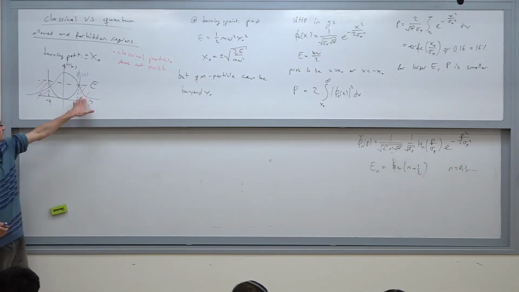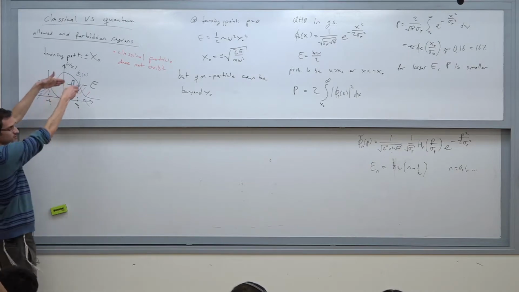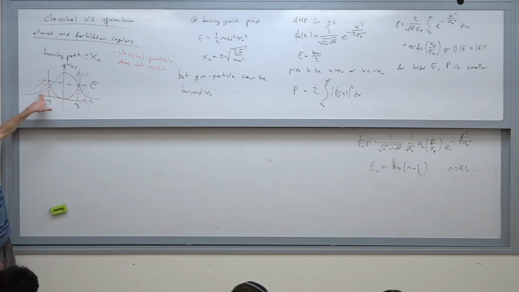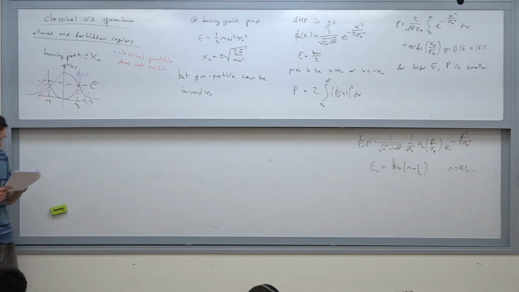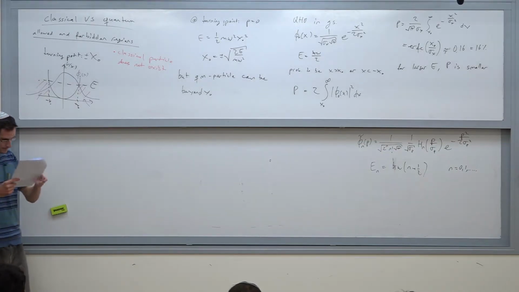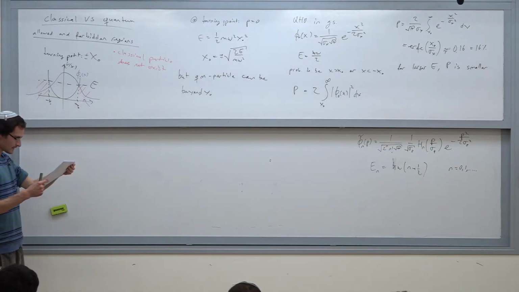And the sum of this area and this area, well, if you take the wave function squared, the sum of this area and this area is 16% of the total area, which is 1. That's the calculation we did. 16% of the area, yeah. But not the area of the wave function, the area of the wave function squared.